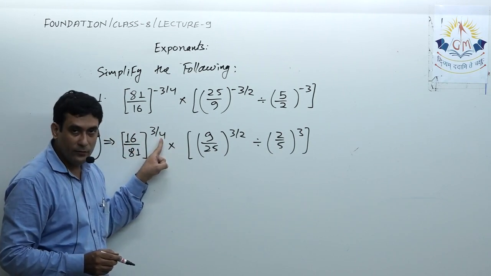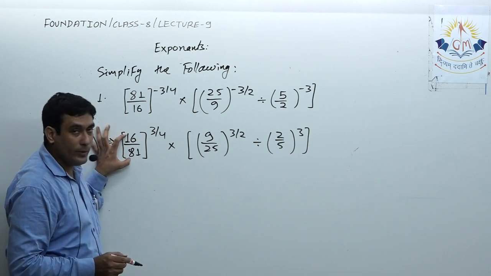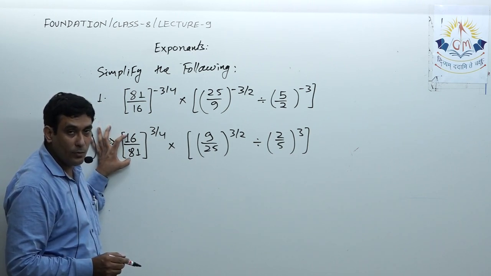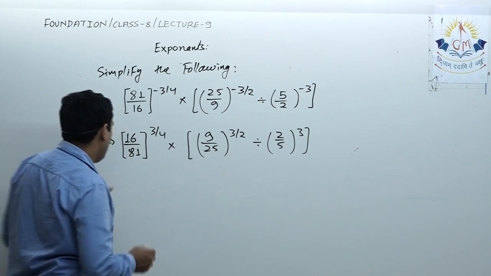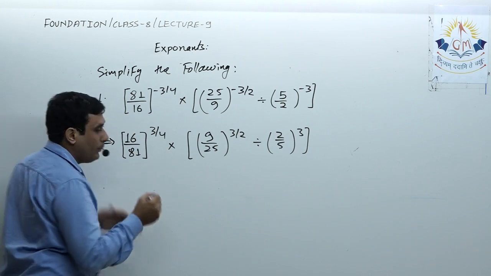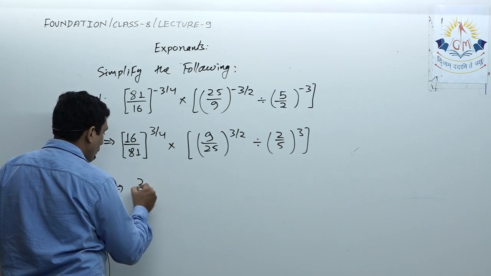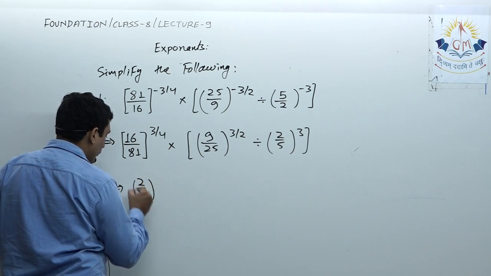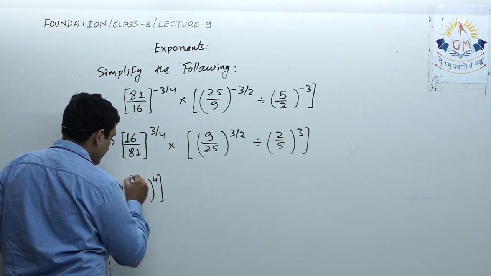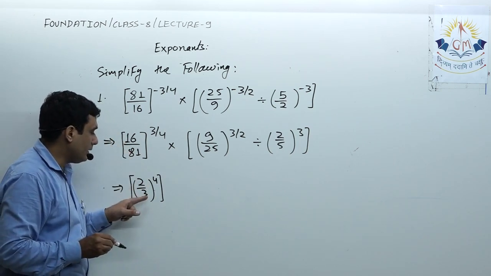Suppose you get 5 over here, then there is a possibility that the base can be written in terms of power 5. For example, here I can write 16 and 81 as powers of 4. I can write this as (2/3)^4. 16 is 2 raised to 4, 81 is 3 raised to 4.